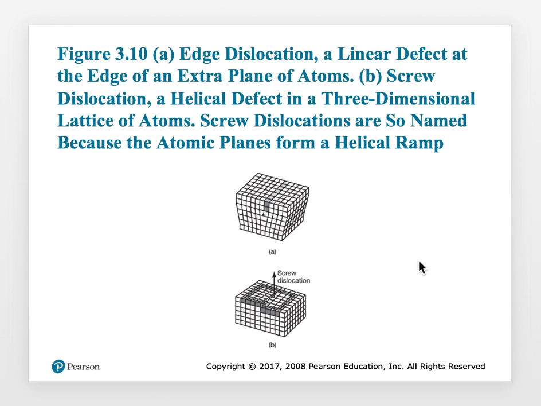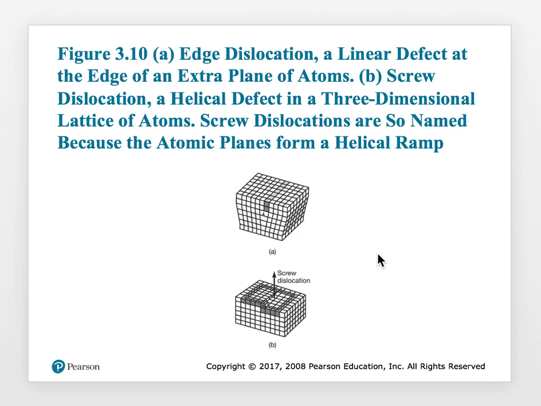The other way to do it would be to move sets of planes of atoms, and those sets or planes of atoms move. That defect is called a dislocation. So this vacancy is a single atom, whereas a dislocation is a line defect. And there are multiple types of defects.